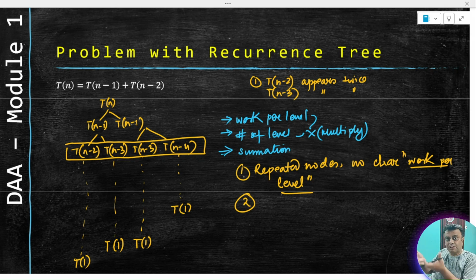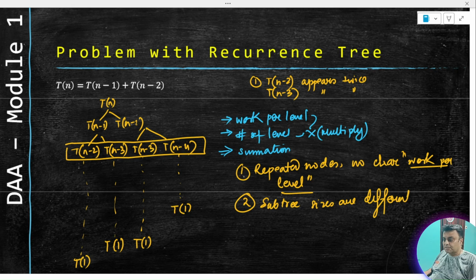But the total number of levels here itself is long. Some subtree goes for x levels, some for x plus y levels, some for x plus y plus z levels. So how do you know the total number of levels? You don't know. You'll have to add all the subtree levels and then multiply it with the work done at each level, right? So that complicates things, and therefore my second problem is that the subtree sizes are different.